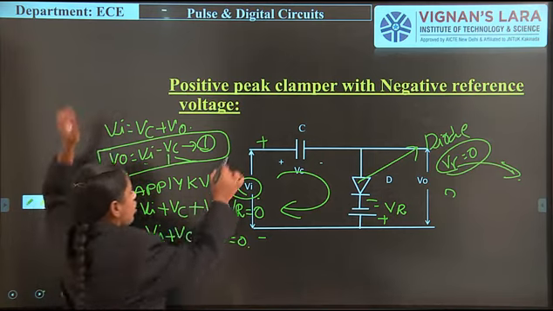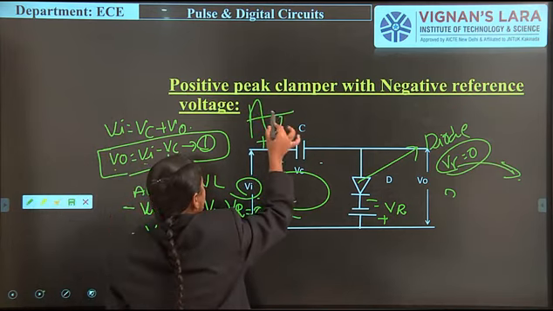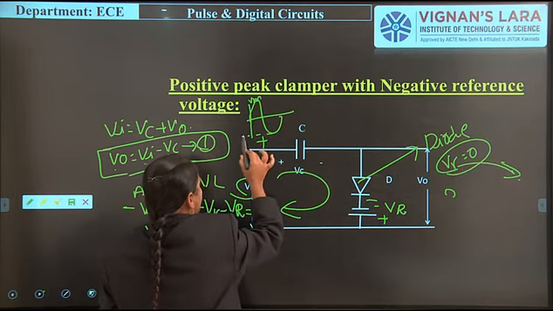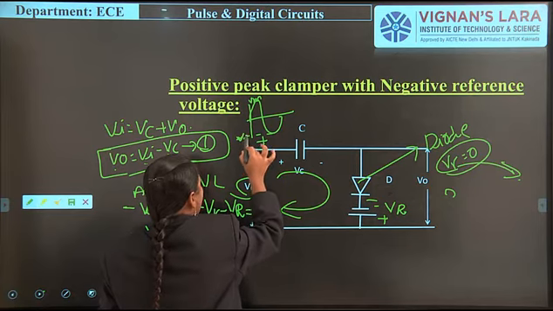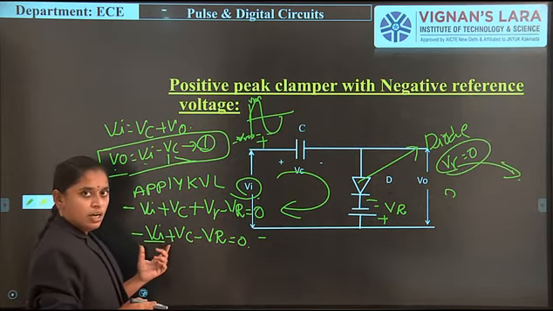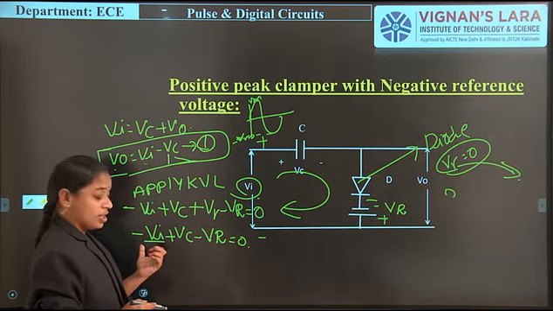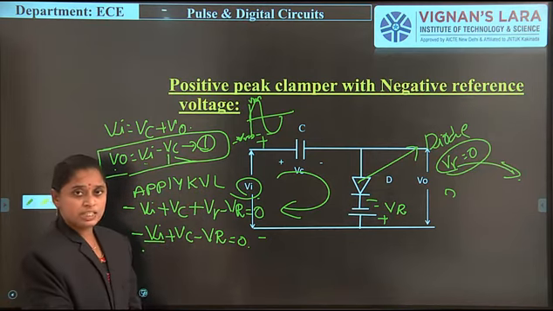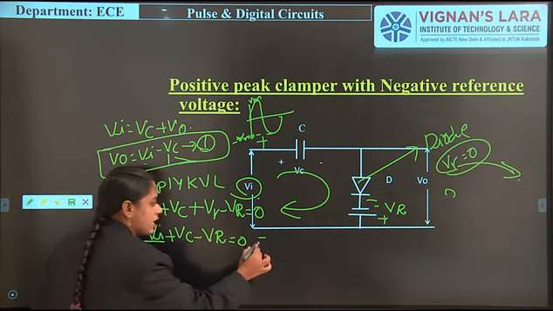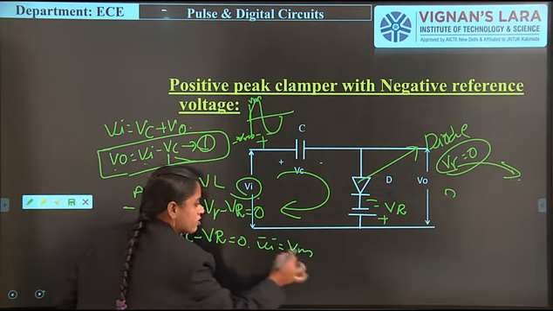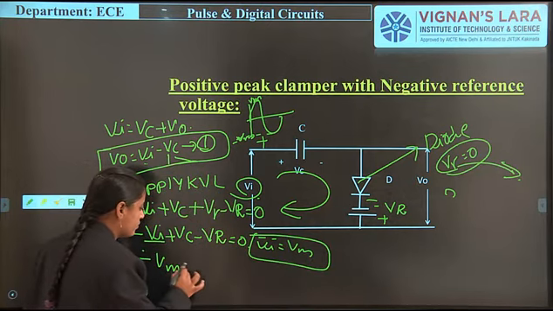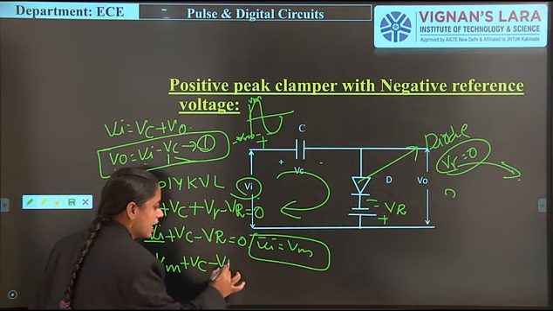The maximum input signal will be Vm, so we replace Vi with minus Vm. Why? Because the maximum input signal will be Vm, so Vi becomes Vm. Substituting this value, minus Vm plus Vc minus Vr becomes 0.